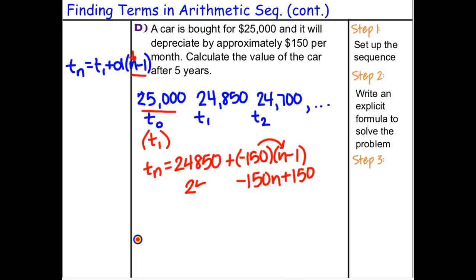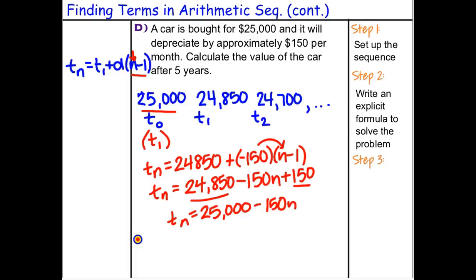And then we have our 24,850 here. When I combine my like terms, I'm going to get that term n is equal to 25,000 minus 150n anyway. So that's why it becomes term 0, because it's your y-intercept. So we've got our explicit formula. Now we're going to use that to solve the problem.